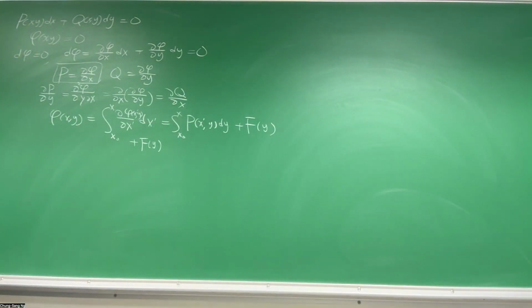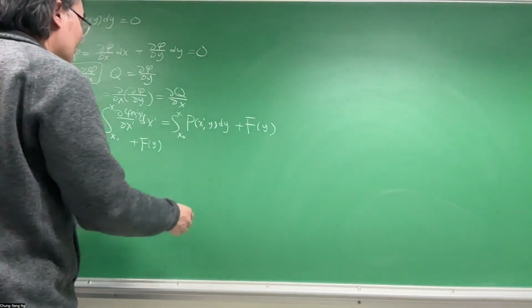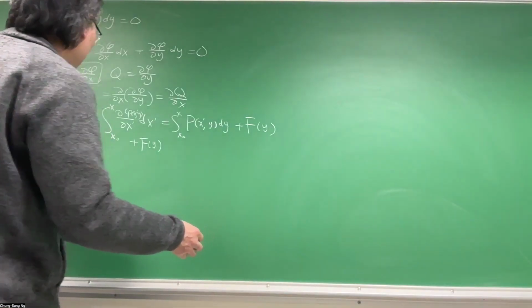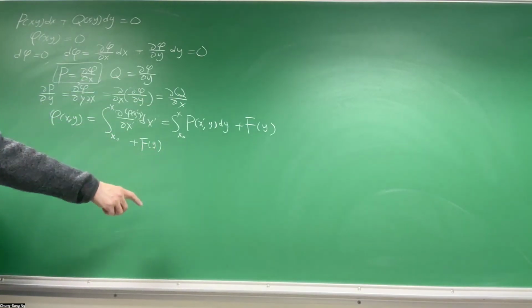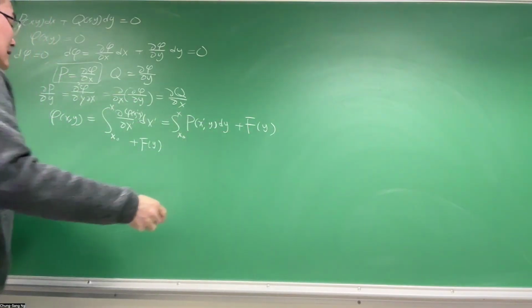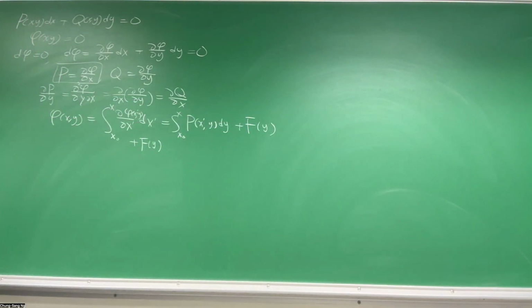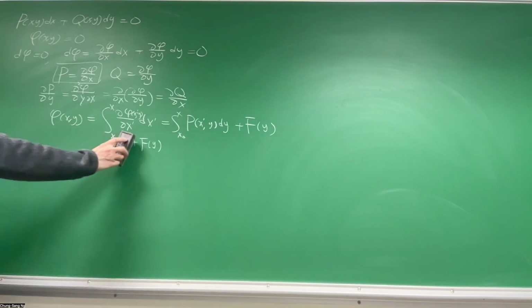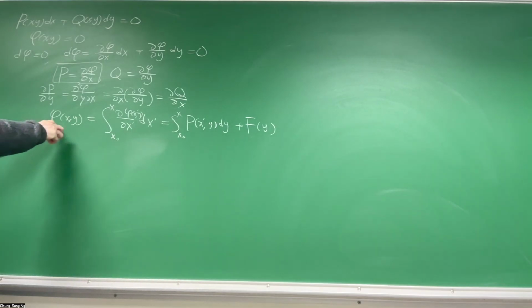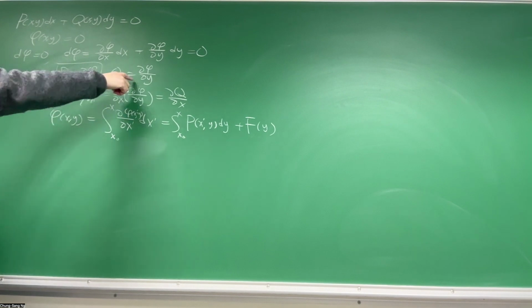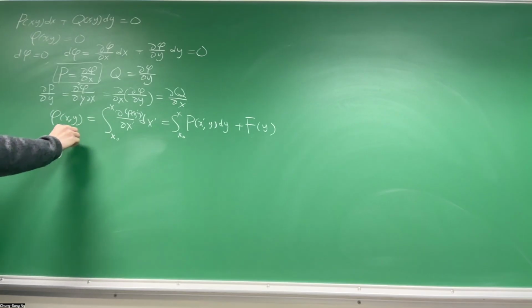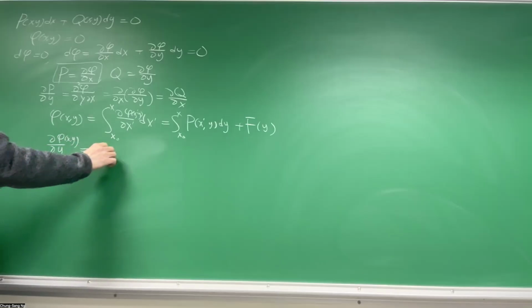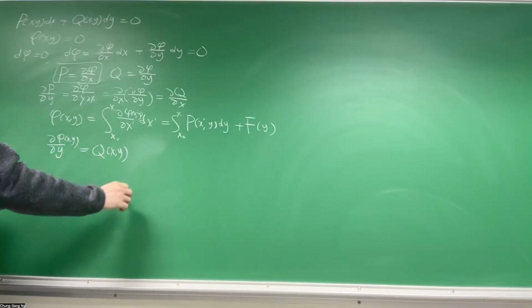That's straightforward, right? And now you can use the other equation to solve for y, right? What you can do is just take the y derivative here, so partial phi partial y of x and y will give you q(x,y), right?